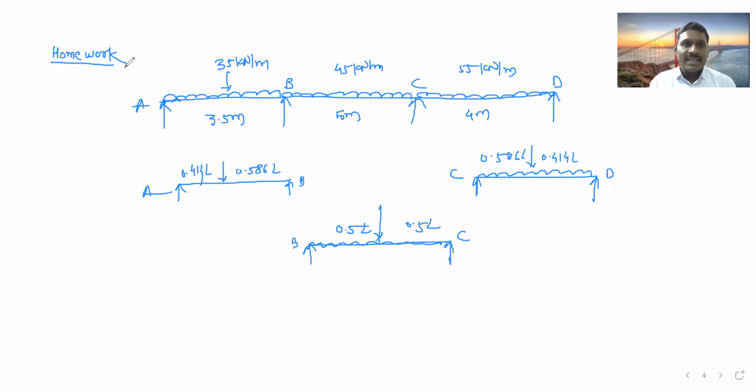If both are end spans, then this rule is applicable. Where is the 0.414 and 0.586 rule applicable? At the end support, when there is a UDL. However many spans you have in the middle, if there is a UDL on it, what rule is applicable? This load will act at the center, it means 0.5 L. Are you getting this, everyone? Yes, sir. So you can solve this example now.